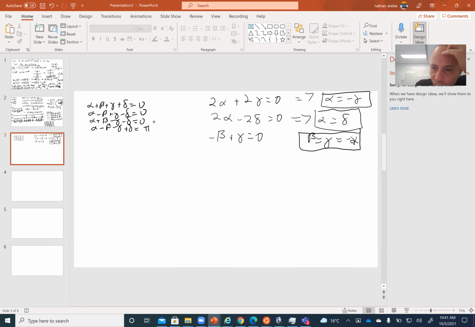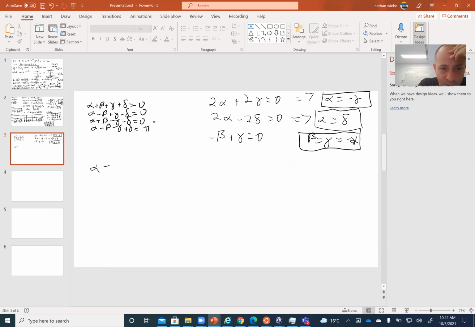Okay, so what we now have is an expression for beta and delta, but we don't have one for gamma, or so we don't have, yeah. So once we substitute this in, we end up getting alpha minus beta, which is equal to gamma.